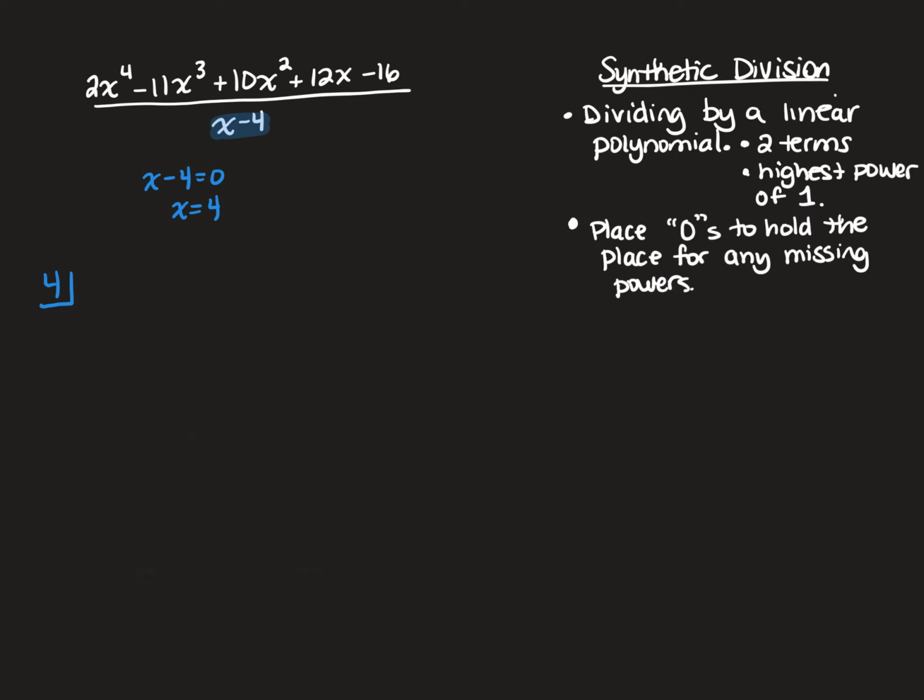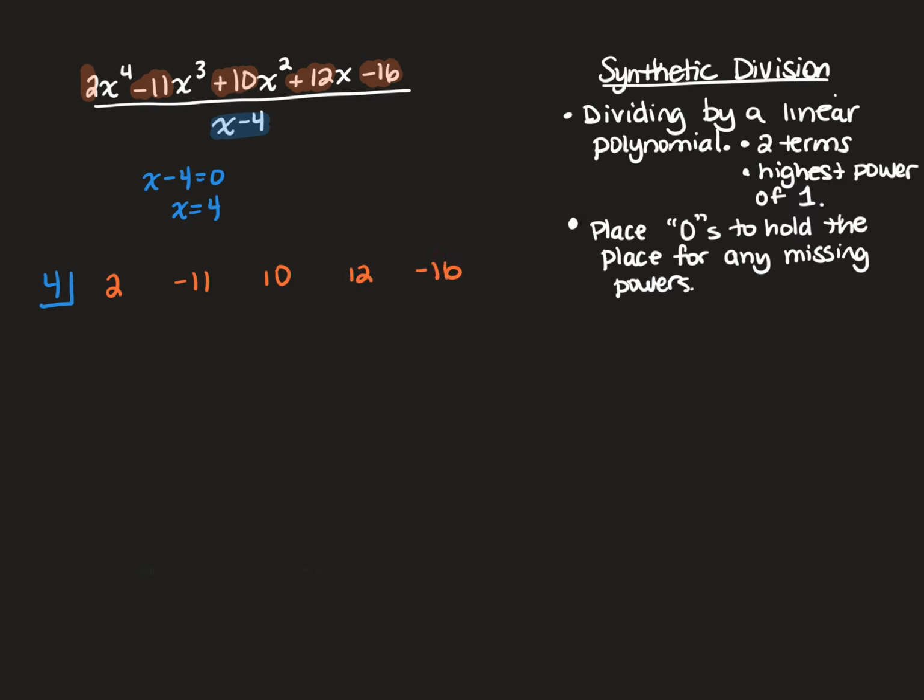The rest of this we set up by taking the coefficients of each term in the polynomial that we're actually dividing. So what I've got then is 2, -11, 10, 12, and -16.